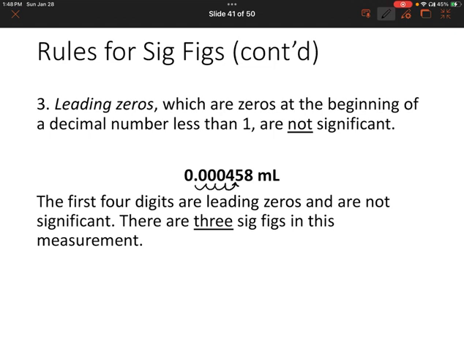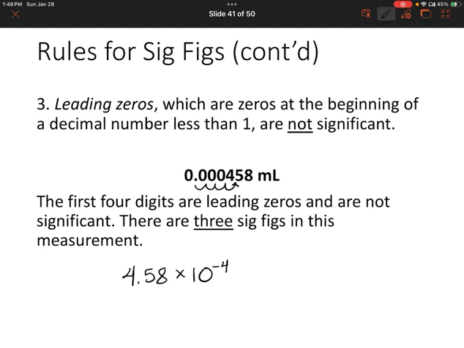I'm going to stop there because that will give me a coefficient of 4.58. And for my exponent, this is a small number, so my exponent will be negative. And I had to move my decimal 1, 2, 3, 4 times. So this will be -4 for my exponent.